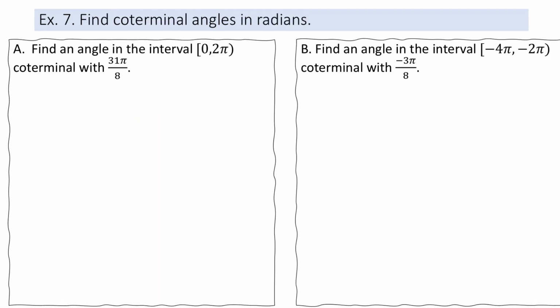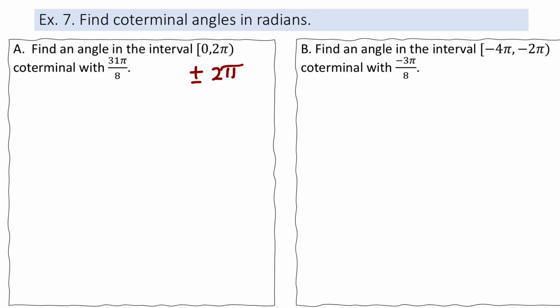Okay, so now let's work with angles in radians. So this time we're going to add or subtract 2 pi because 2 pi is 1 full revolution. So A says find an angle in the interval 0 to 2 pi, which is coterminal with 31 pi over 8.